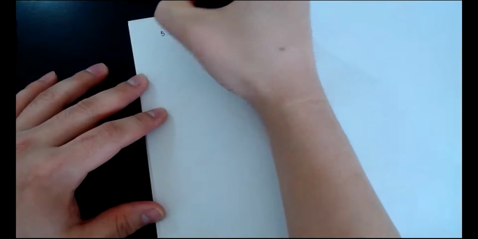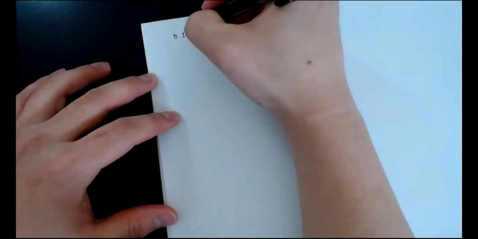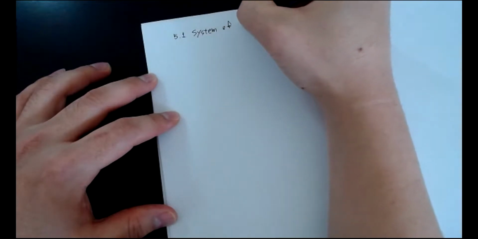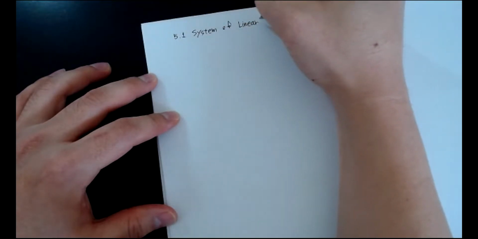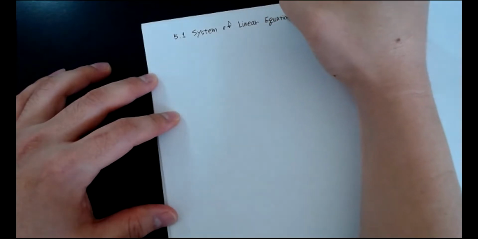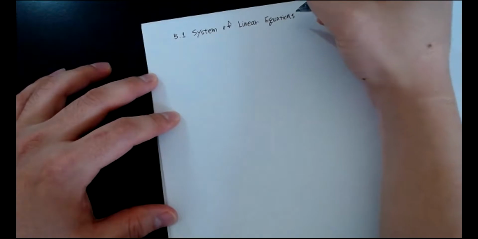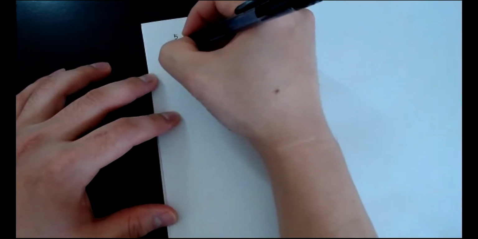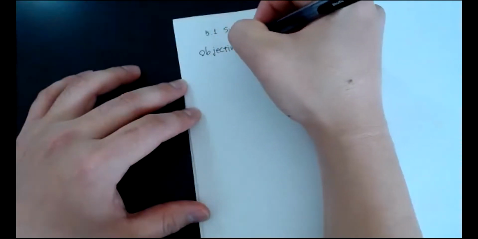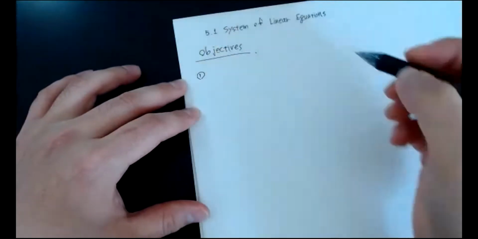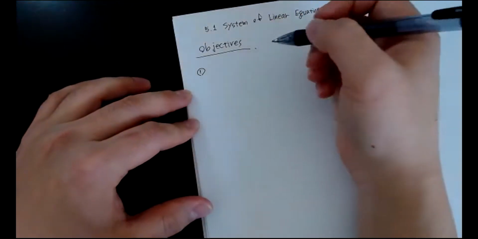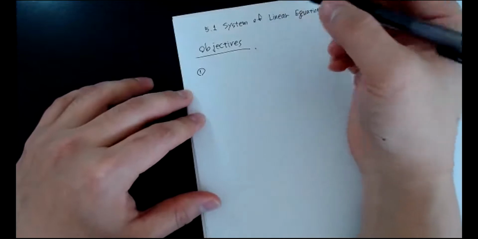Section 5.1, a system of linear equations with two variables. First, we want to figure out the types of systems.